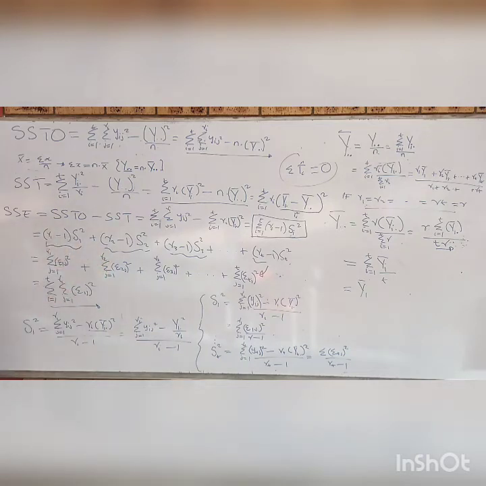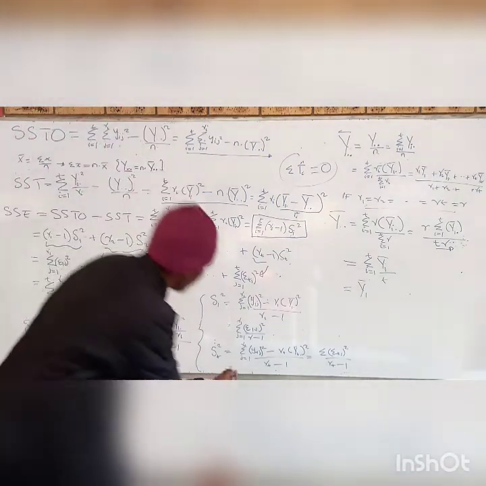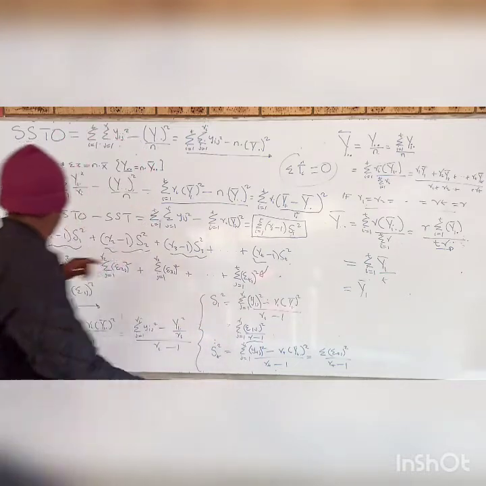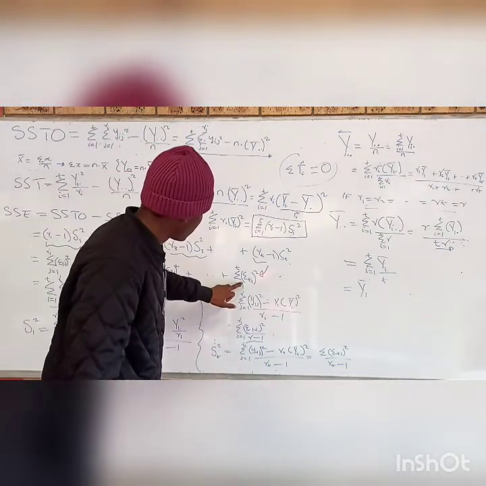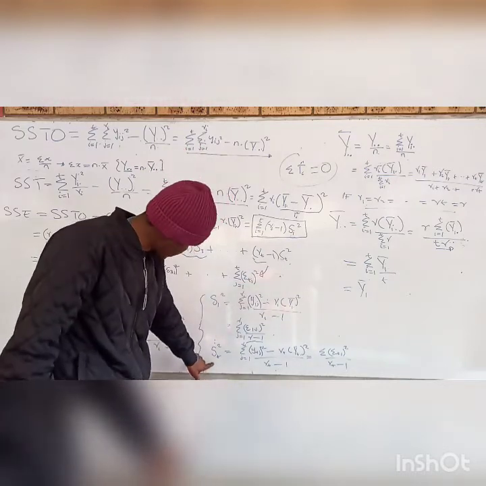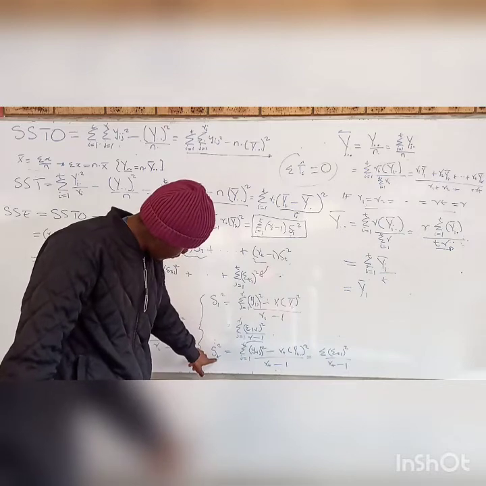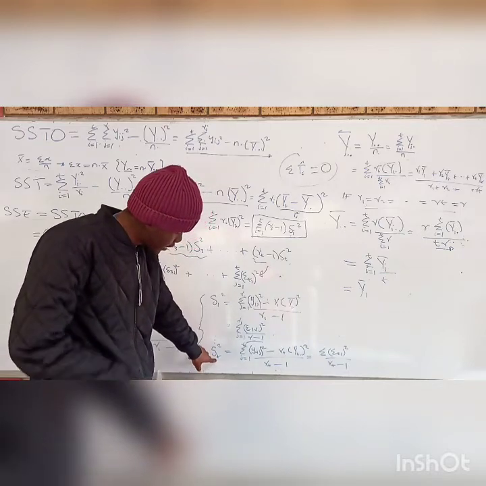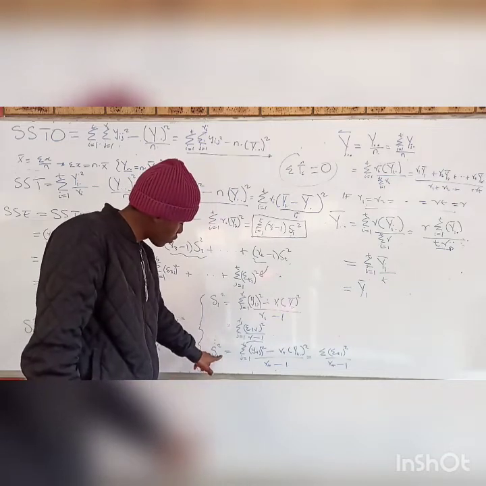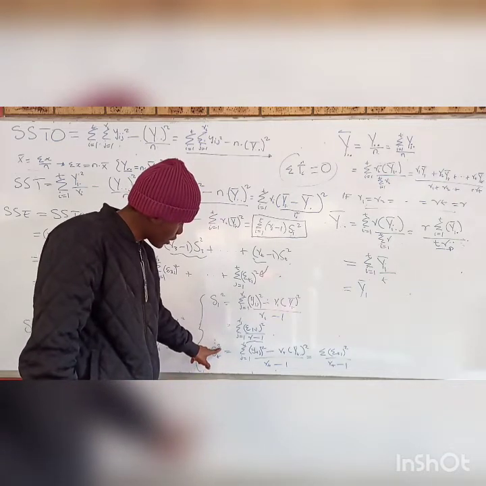Which means for you to find the variance given the errors, you can use this formula here, since we know that this part is nothing but this one. So for us to make S_T the subject, the variance of T, where T ranges over the number of treatments, is given by this.